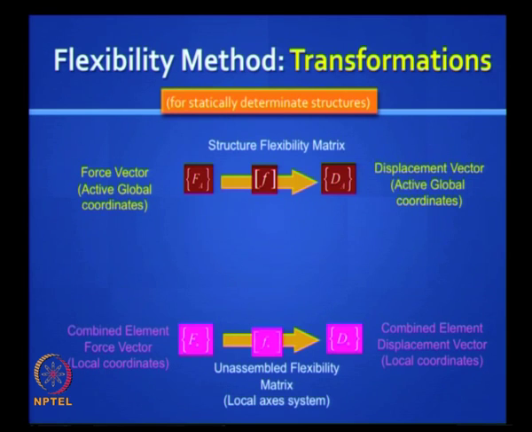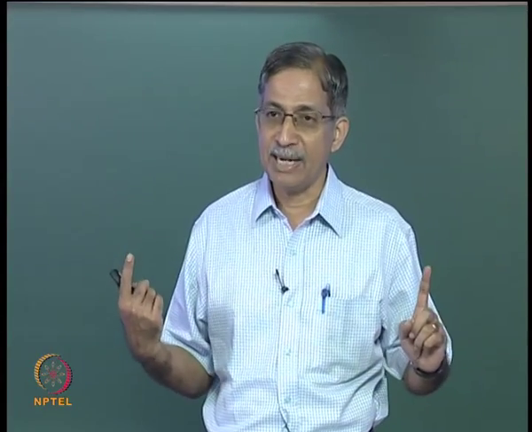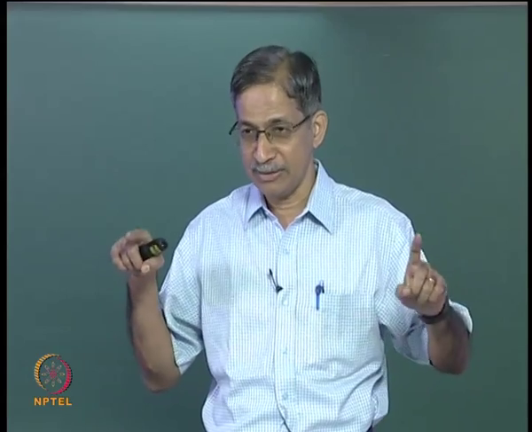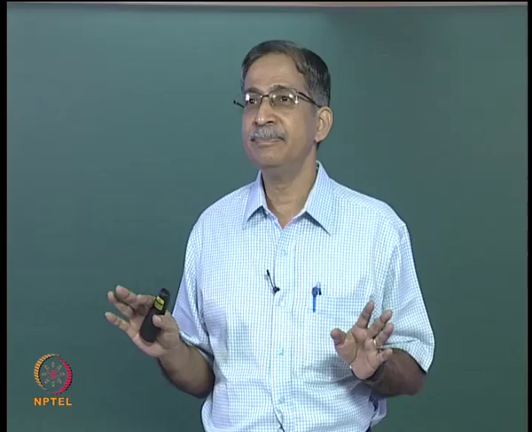Please note that we are trying to avoid including the reactions in the end forces; if you want to include them, it is possible. We demonstrated this in an earlier class by including rigid links and relating the support reactions to internal forces in those rigid links, but we will avoid that for convenience.